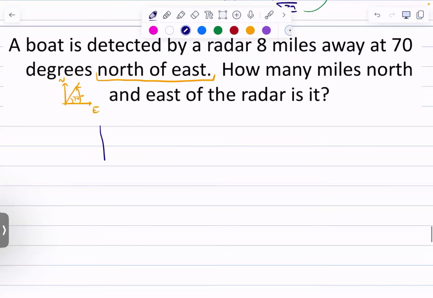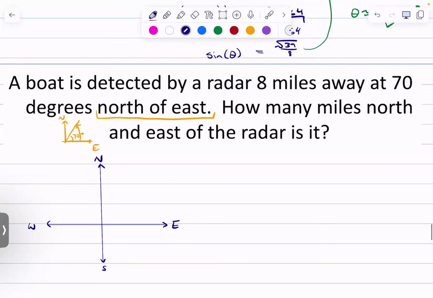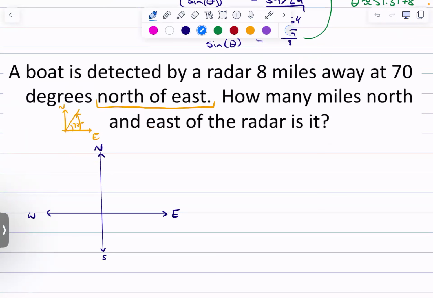So what I'll do is I'll put my never eat shredded wheat on here. And at some point, let's say here, I have 70 degrees and I have a boat.